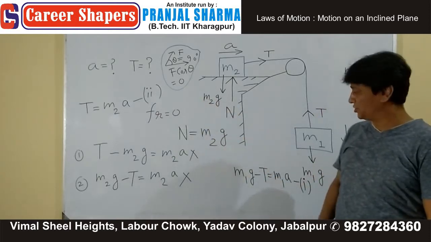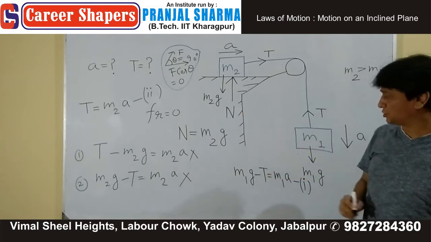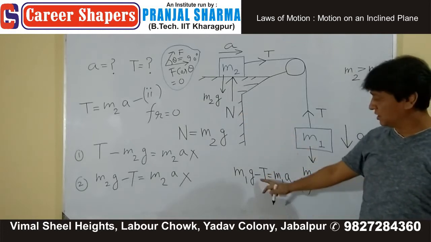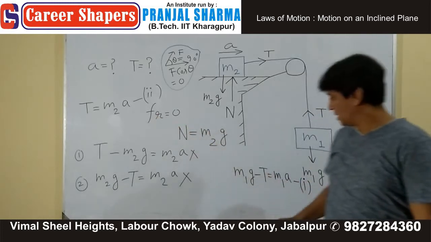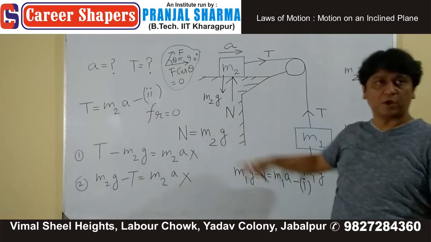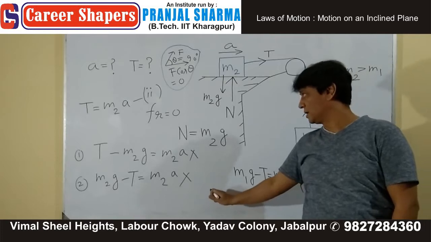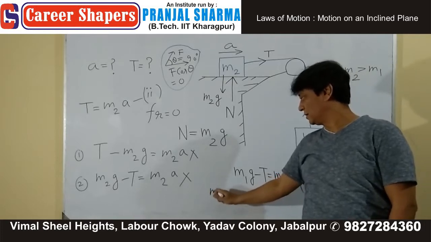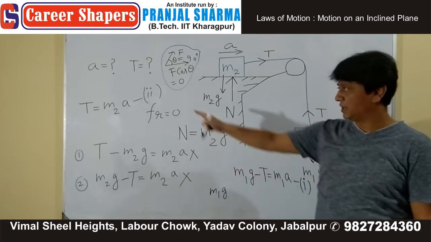There are two equations. Simply add these equations. This is m1g minus T, that is T equals to m2a. When you add these, left side minus T and T are gone, simply write equation number 1 plus equation number 2, not a difficult task. You get the left hand side as only m1g.